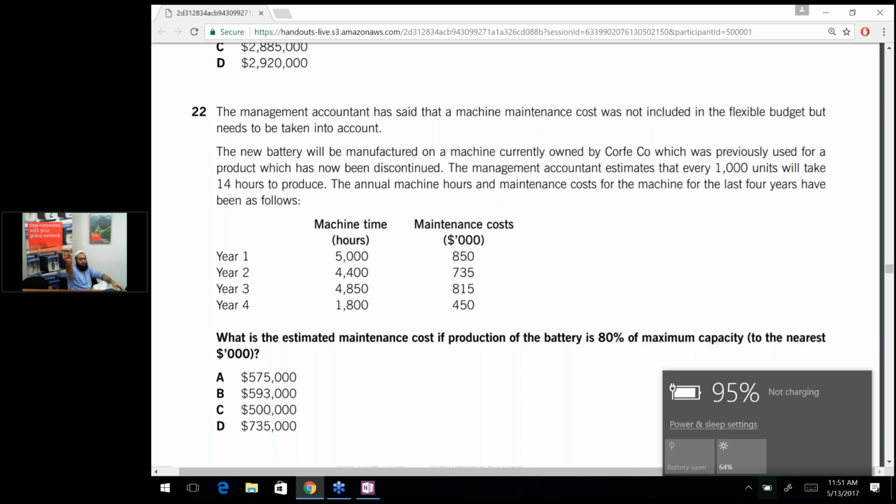Come on, apply the same tactic. Is this variable or a semi-variable? Calculate 850 divided by 5,000. See what is the per unit answer. Then do the same thing. 815,000 divided by 4,850. Is the answer per unit same or not?